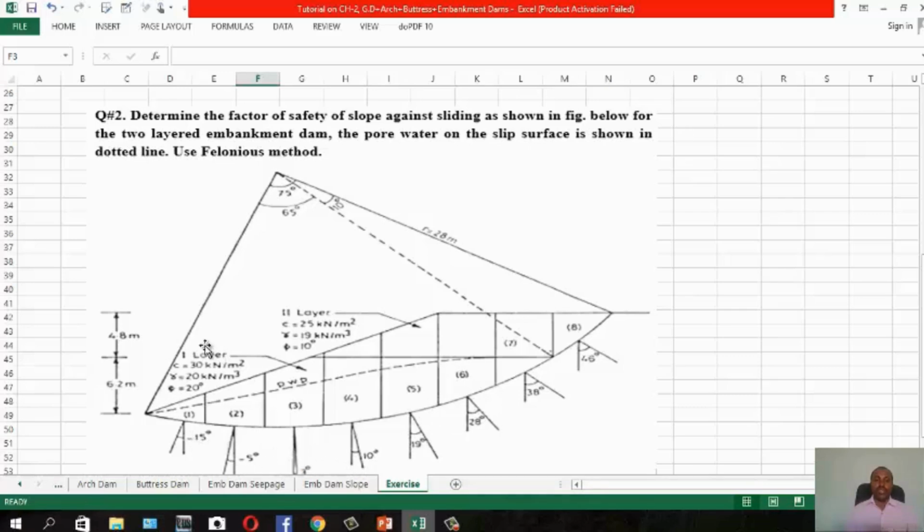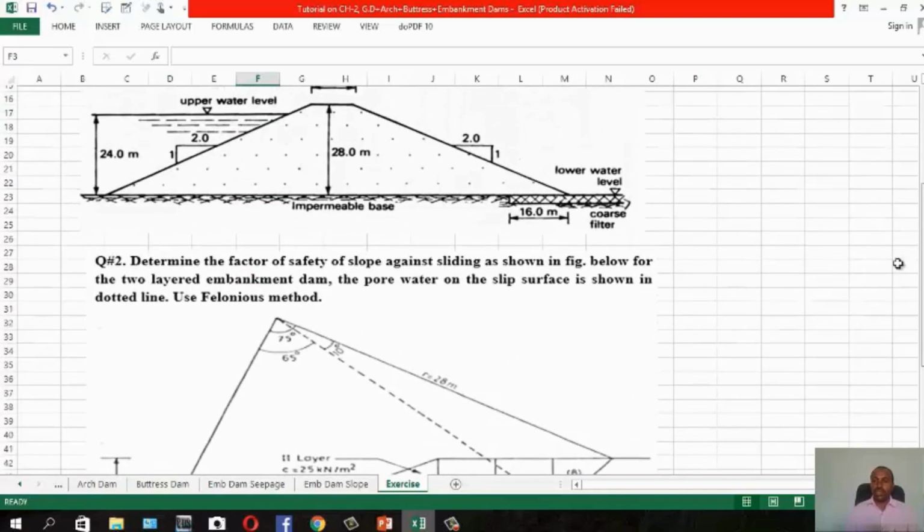You have the angle, shearing resistance, layer 1 and layer 2. With these 2 layers, you have cohesion, unit weight, and friction angle, etc. The depth is given. According to Fellenius's method, you can get it from the handout description. So please try this one.